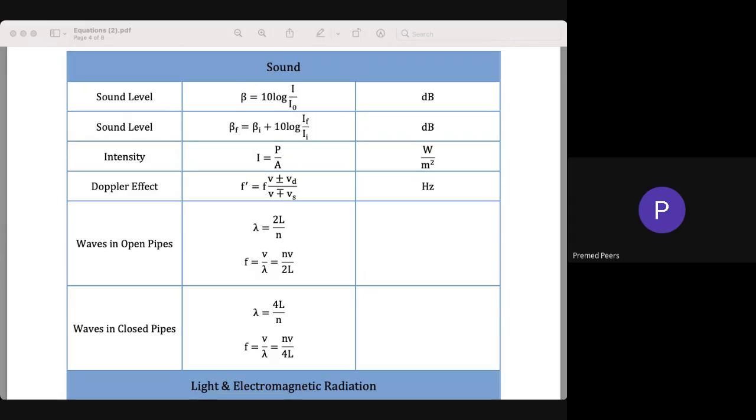So you can see the difference between open and closed pipes. For open pipes, it's 2L over n. For closed pipes, it's 4L over n. You do have to have these equations memorized and be able to recognize what open pipes and closed pipes are. A lot of times they'll give you the fundamental frequency of an open pipe, right?